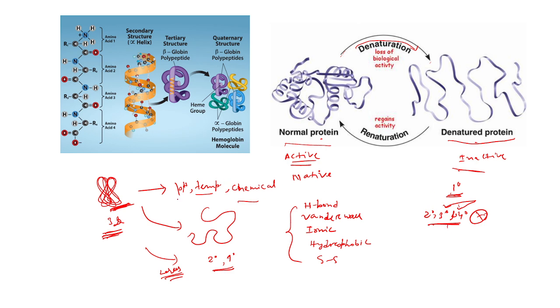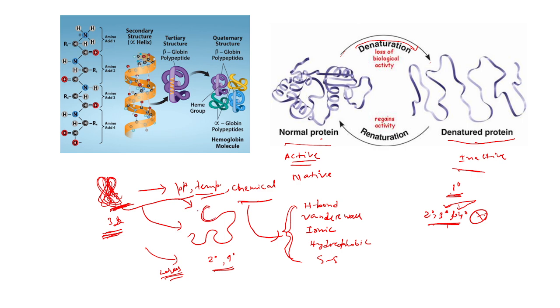Whenever there is high or low pH or temperature or a chemical, they disrupt one of these factors. When one of these factors is disrupted, it changes the 3D conformation, and once it is changed, it converts to the denatured one.